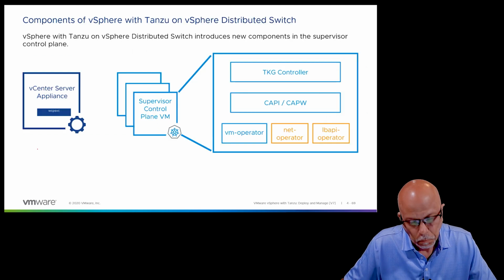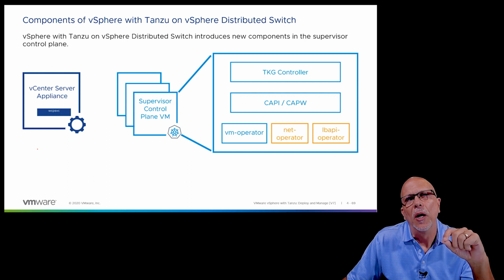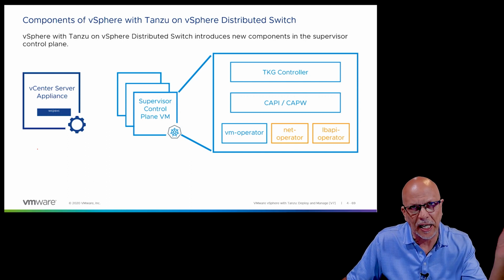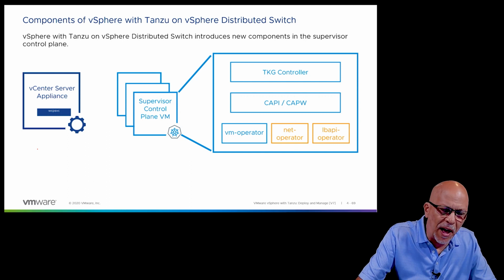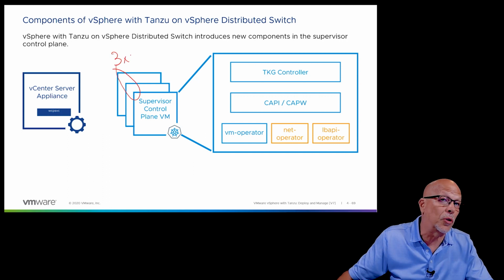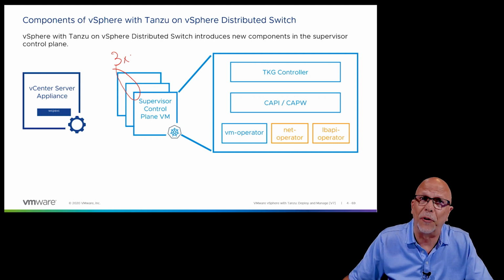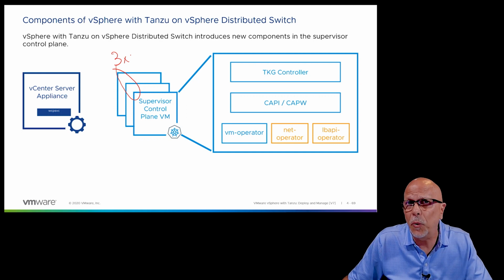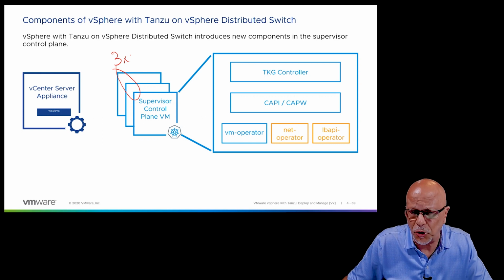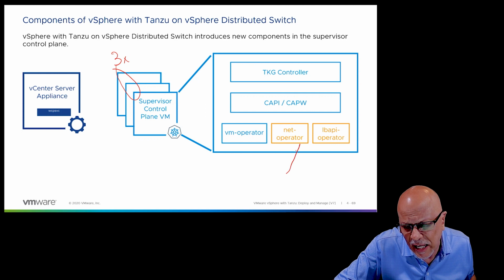Now, when you do this feature, contrasting it to doing it with NSX-T, both of them are going to result in these three supervisor control plane VMs being deployed. However, when we do it on top of a vSphere distributed switch, we're no longer going to have the NCP running inside here.